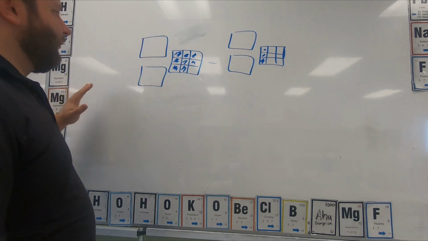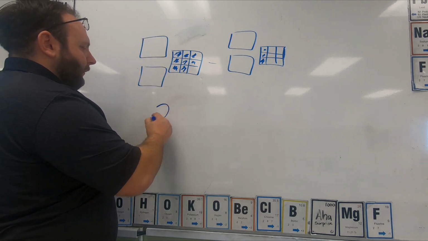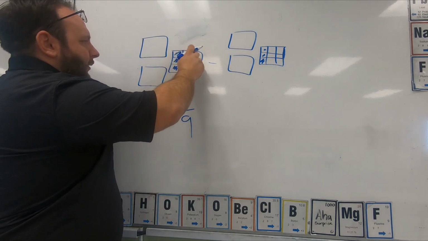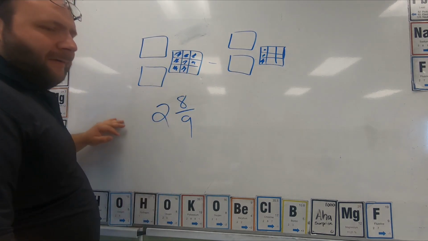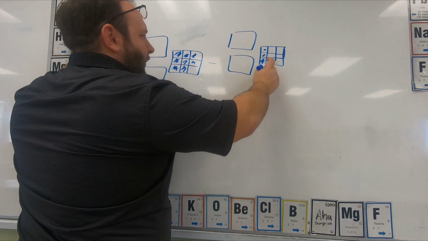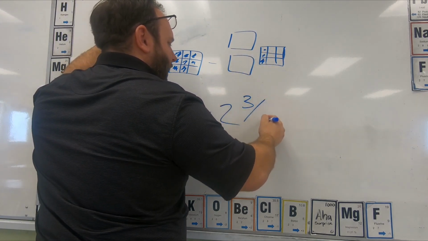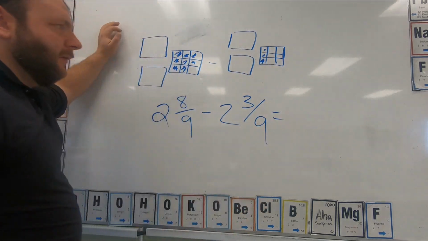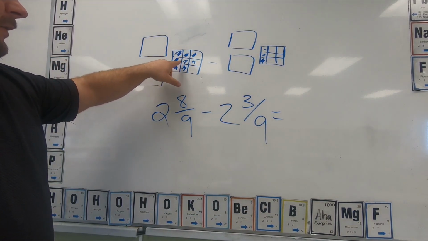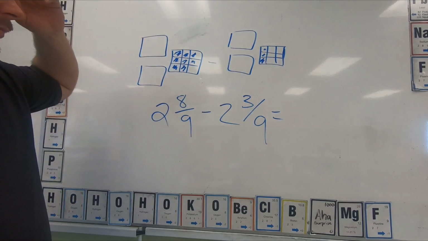So here is your first number, and we have two whole numbers here. And our fractions is out of 9, so that's our denominator. And we have 8 of those 9 covered up. We go to the other side, we have 2 wholes. And this time, though, we only have 3 out of 9 covered up. So the first part is just writing out your fractions the way that it looks. 2 whole numbers, and we have 8 9ths, 2 whole numbers, and we have 3 9ths.